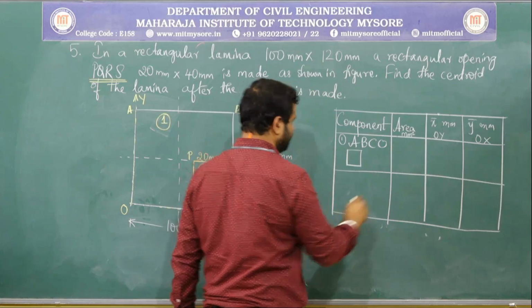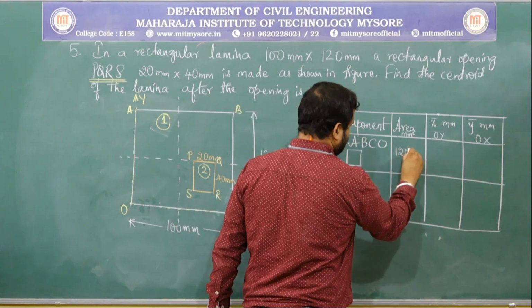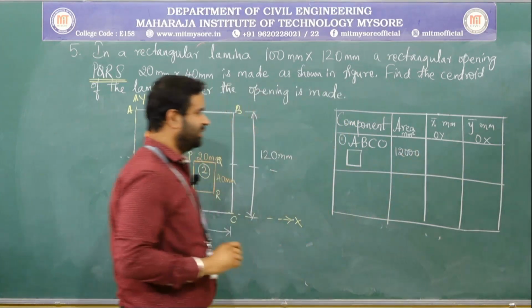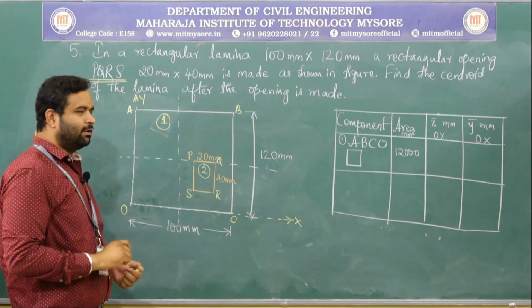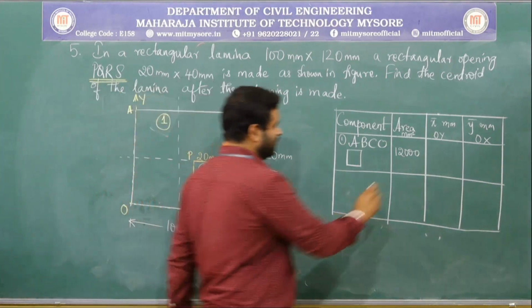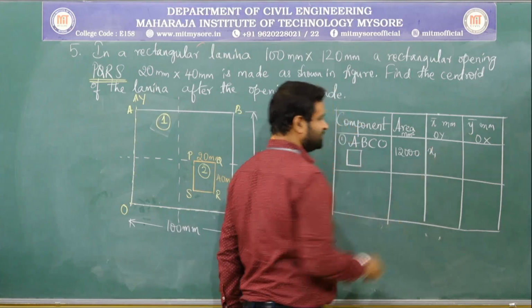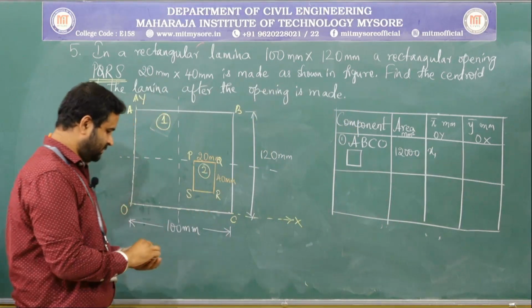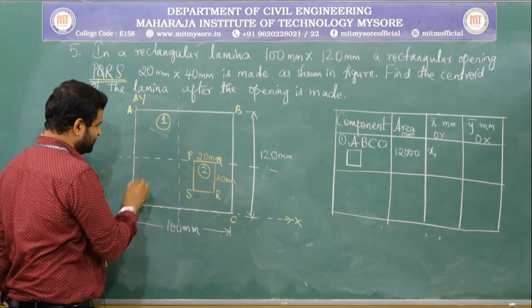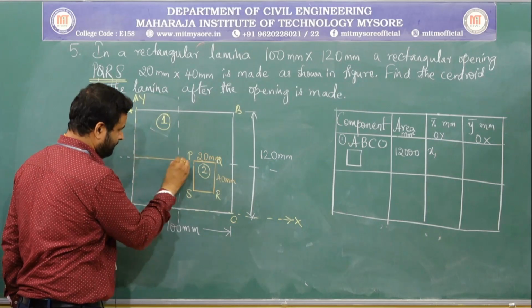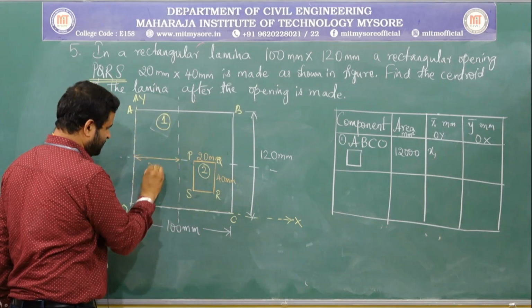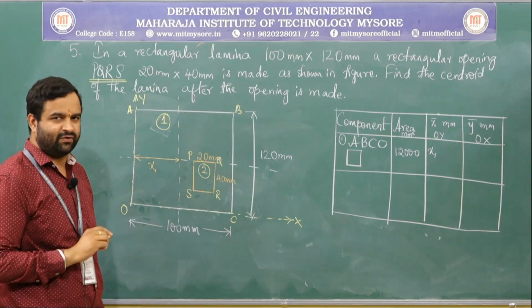Next, what about the area, which we have already calculated? It is nothing but 12,000 mm square, and the x component, that is x1. x1 should be measured with respect to the OY axis. So, this is the OY axis, and this is our x1 value.